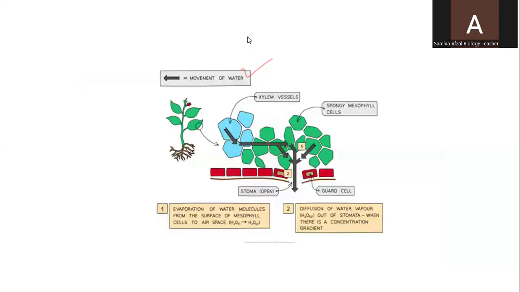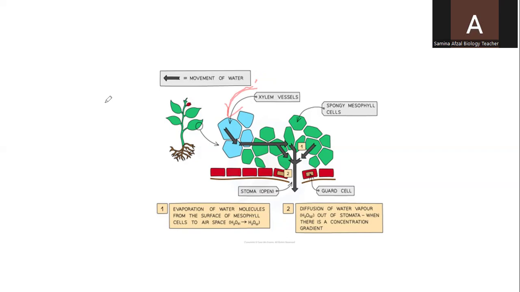Next, how is the water evaporated? Simply, we will discuss that when water enters into the leaves from the xylem vessel, the water enters into the leaf cells.